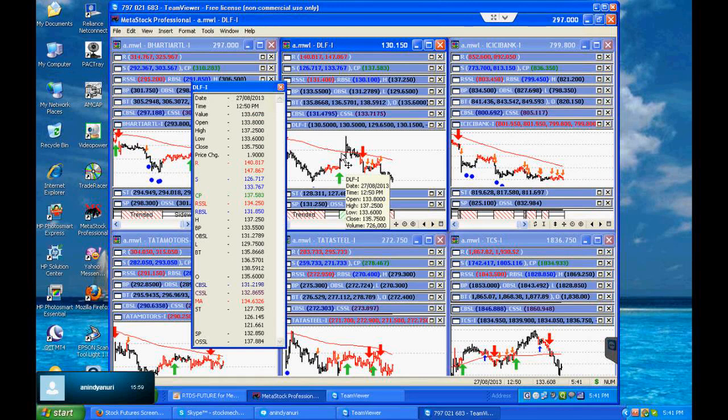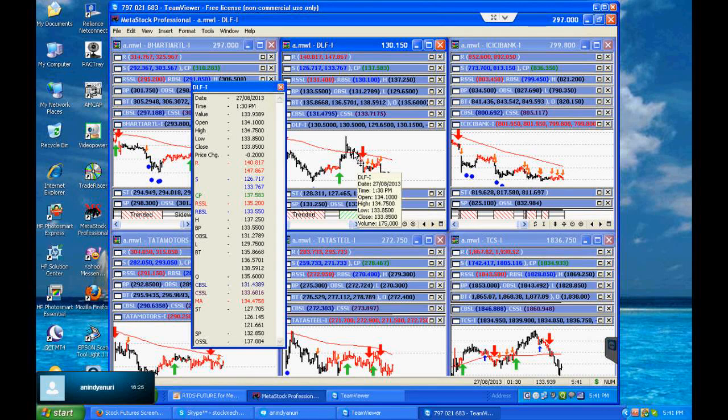If I see the RBSL, it was 131.85. In every bar it will keep changing. As I shift to the next bar, RBSL has become 133, and as I shift further, RBSL has become 133.55. So if you have not taken profit, you should look at RBSL as the stop loss.